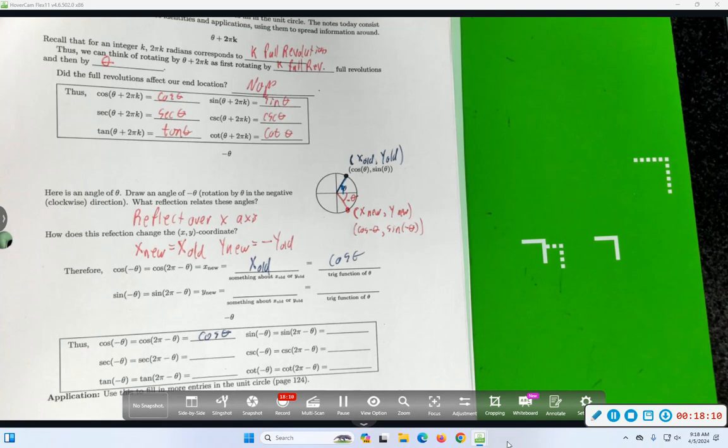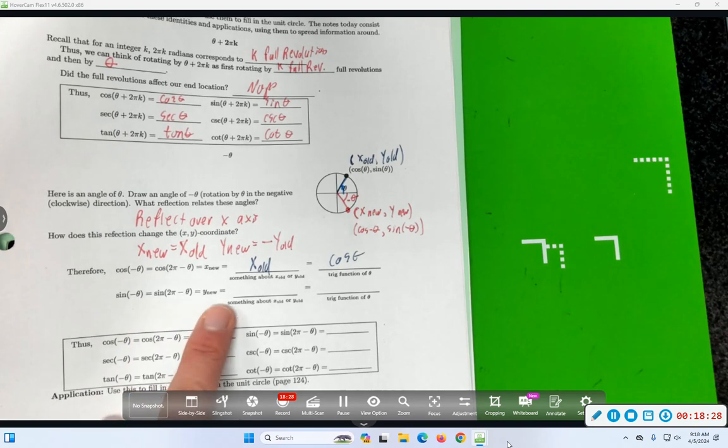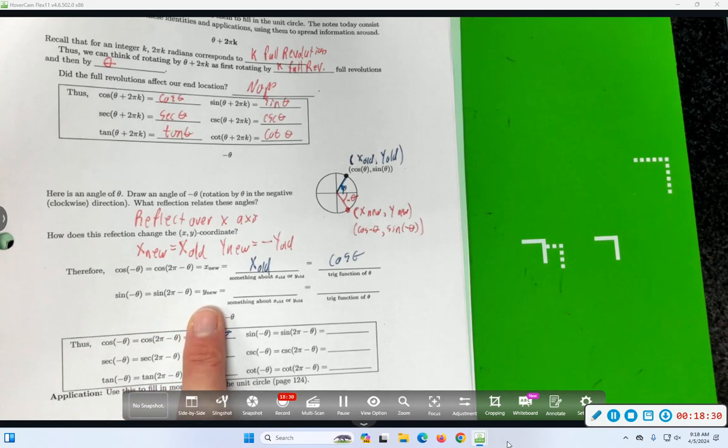All right, same thing but for sine. What does this tell you sine of negative theta should be the same as? Let's go through the list. Sine of negative theta is the new y coordinate.